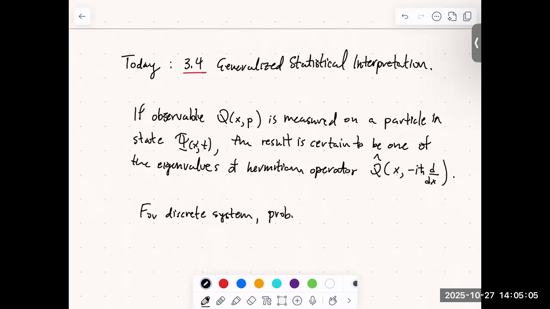We know we're going to get an eigenvalue.